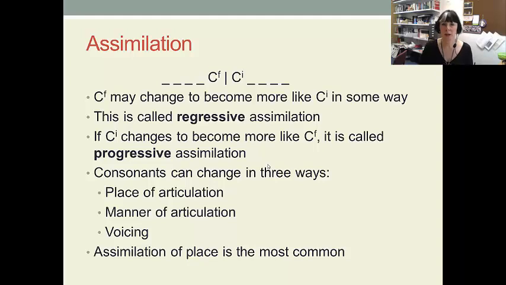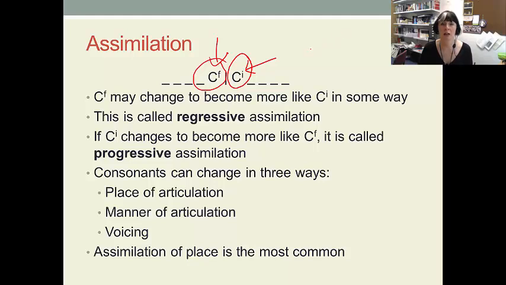If we look in the diagram at the top of this page, we can see that we've got word boundaries indicated here, and what we have here is a final consonant at the word boundary and then an initial consonant at the beginning of the next word. The final consonant, this one, can change to become more like the initial consonant, this one, of the next word in some way.